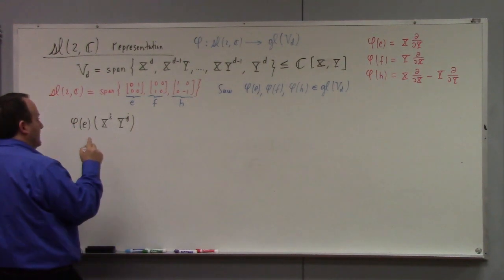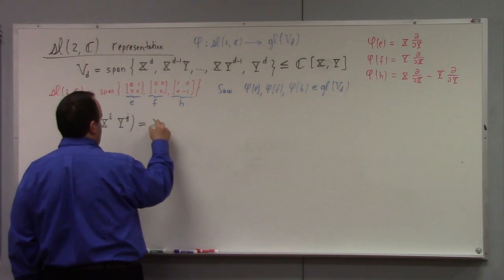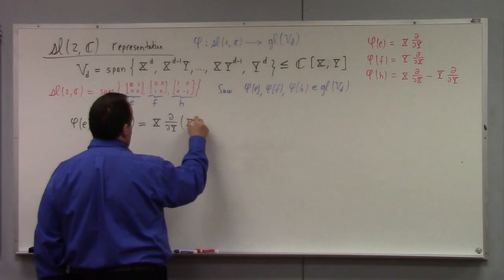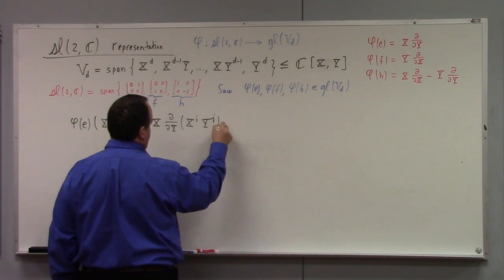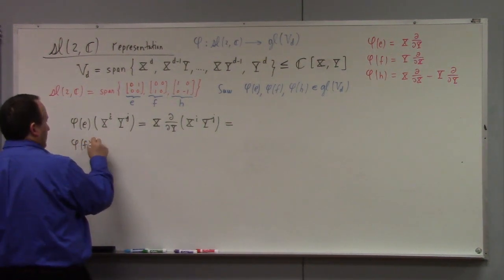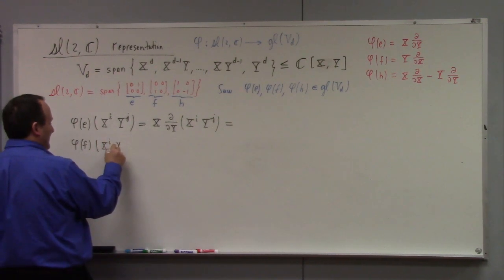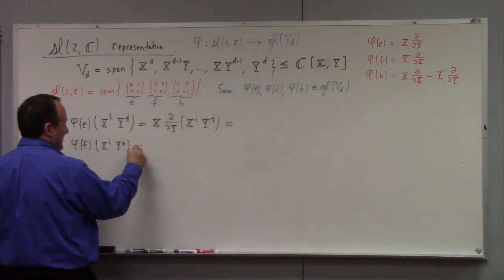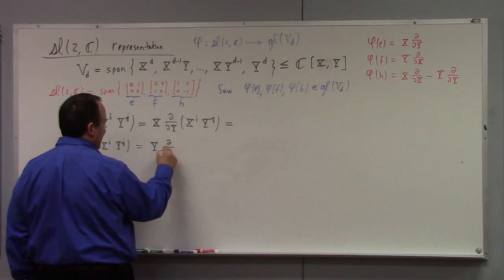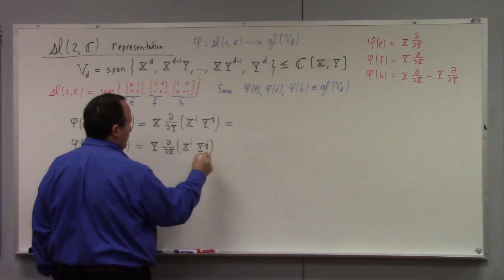If I want to let phi e act on this guy right here, I've got x partial partial y of x^i y^j, right? And if I want to let phi f act, see, Audric, this is where his using the calculation on the basis now pays off, because he already has these calculations done, doesn't he? So let's see here.